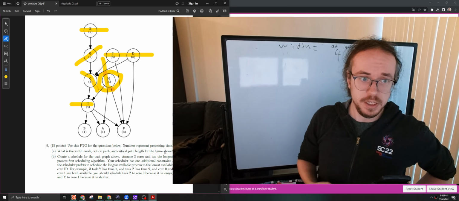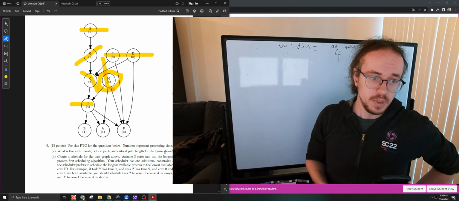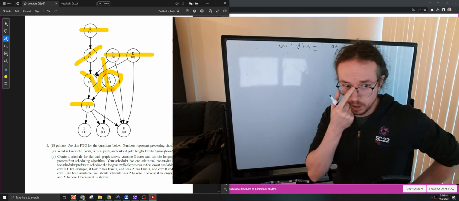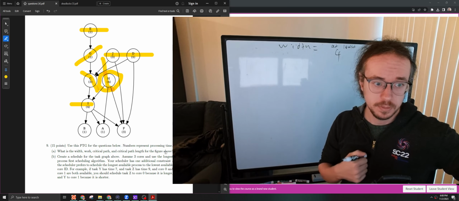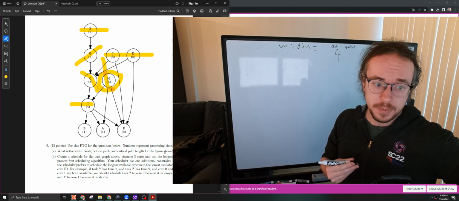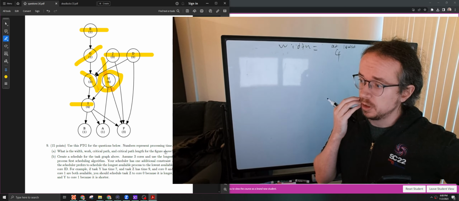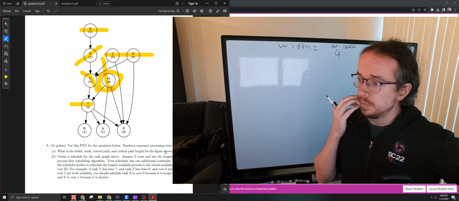You started with E, J, D, and H, and you never really unlocked more. There are no nodes in this that have more children than they have parents, which is really limiting the width in this problem.